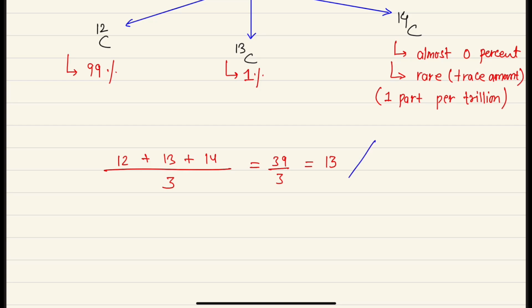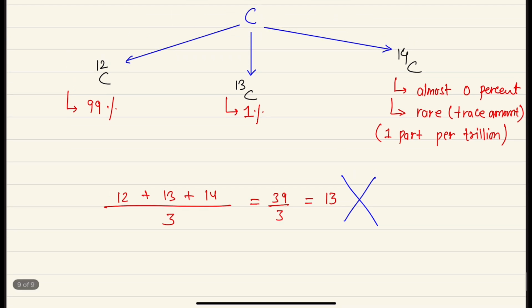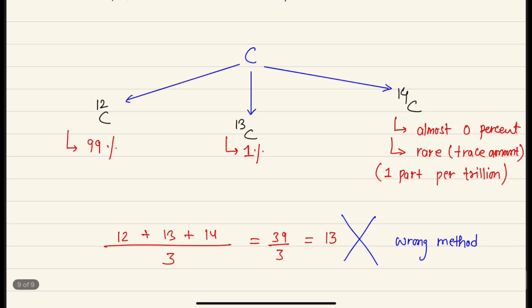But this is not the correct average atomic weight or average atomic mass of carbon. This is the wrong method to find the average atomic mass of carbon. Why?